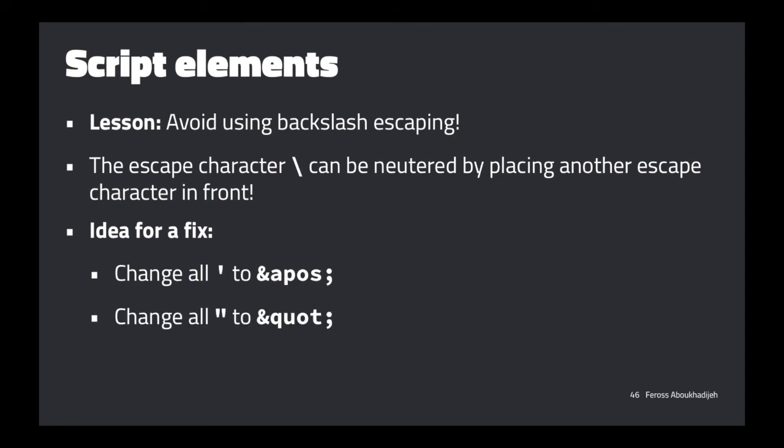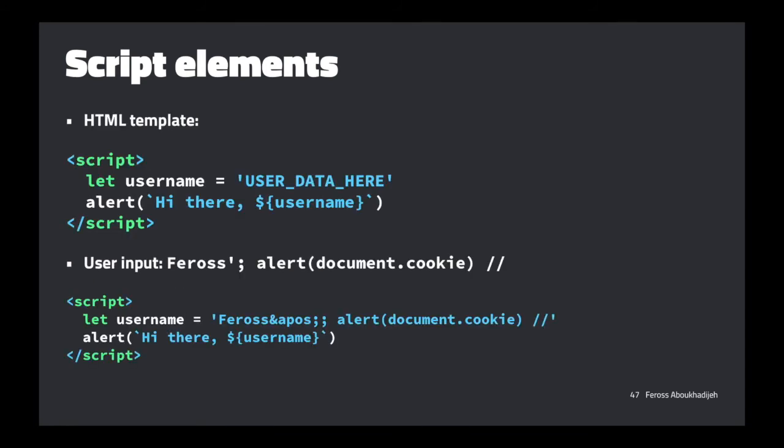So now if I type Feroz quote, we're going to get Feroz ampersand a pause. When the HTML parser runs, this will be turned into a quote, but no, sorry, that's not true. The way the HTML parser works is it's just going to identify that this is the start of a script and this is the end of a script, and then the JavaScript parser takes over and parses this as JavaScript.